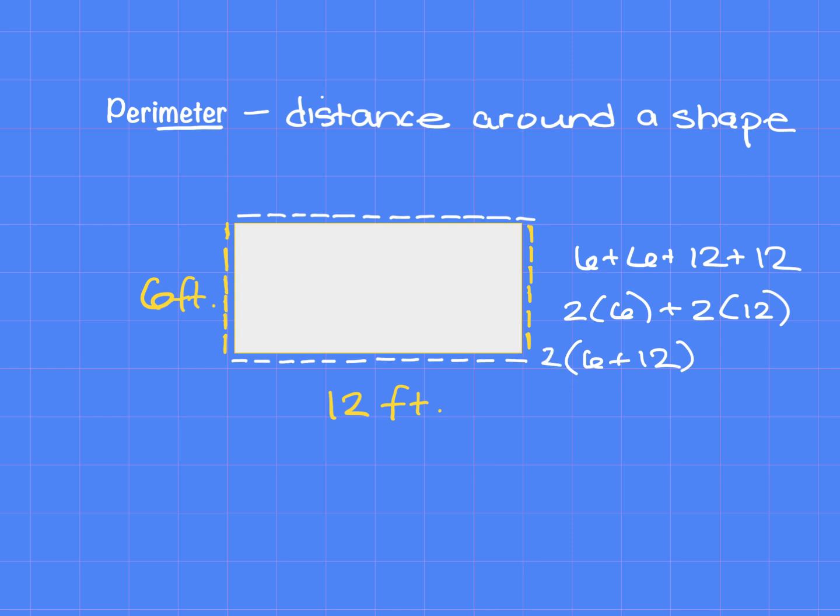So there's a lot of different ways that you can add. So to total, for our perimeter, the distance around this rectangle, if every side is measured in terms of feet, that means it would literally take 36 feet if we were to wrap it around this rectangle.